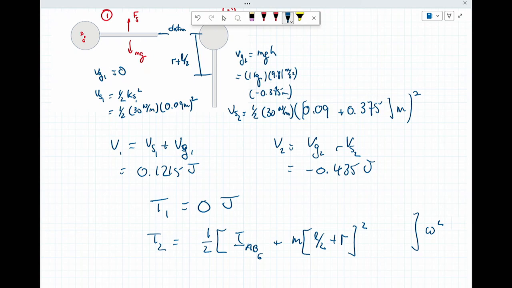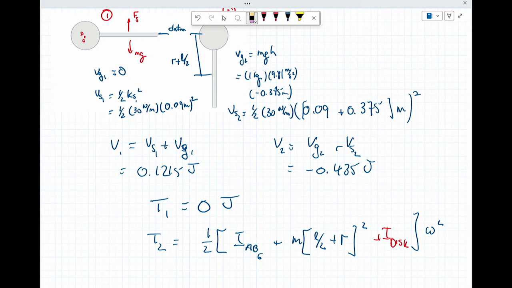So it's really important, because I know I have a mass of the disk, it's really important that as you're solving these problems that you add in all of the terms that are associated with the kinetic energy. So unless that wheel, that disk, was 0 mass, it contributes to the final kinetic energy.